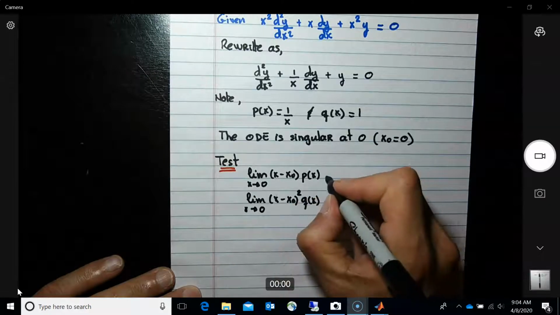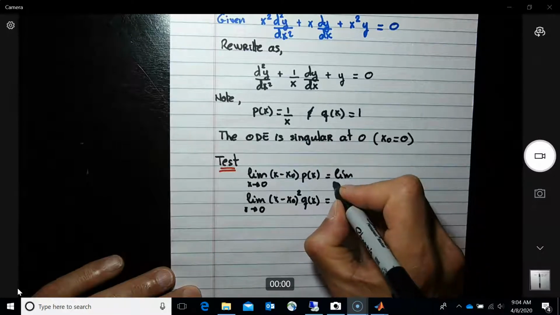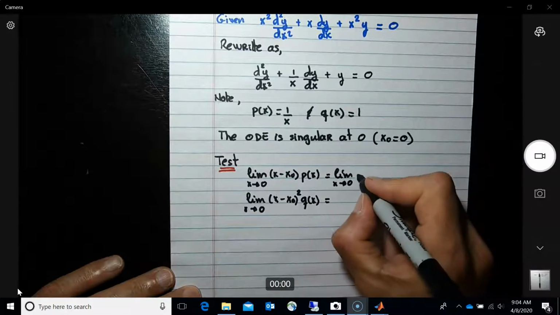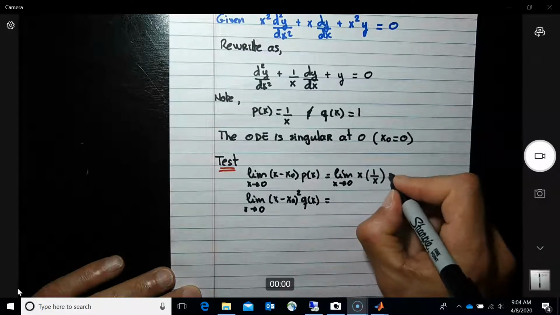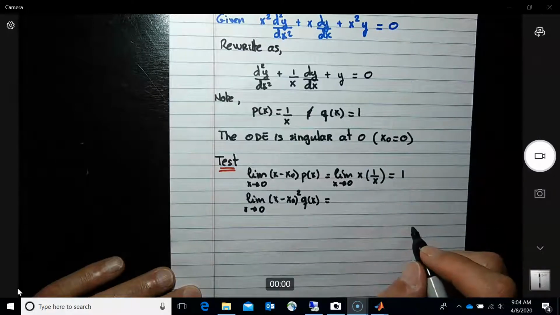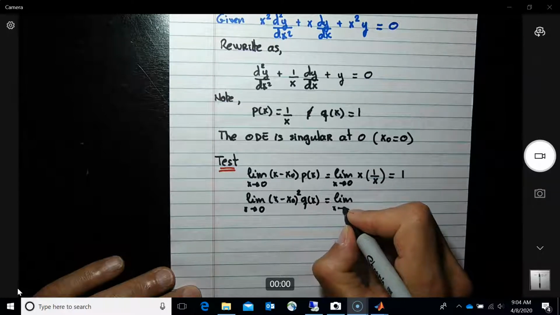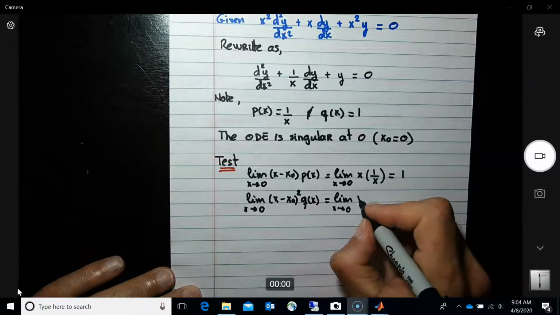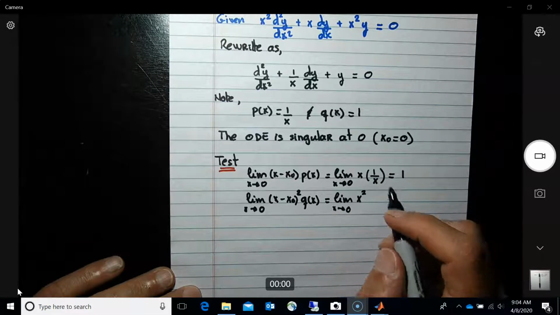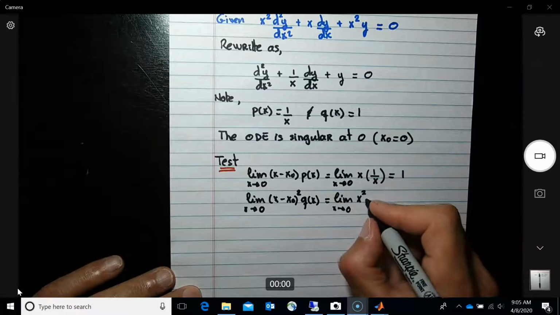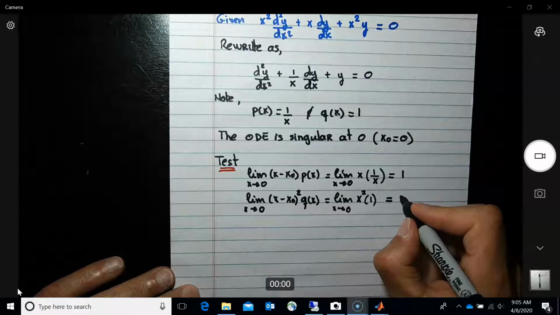So the first is the limit as x goes to 0 of x times p of x, and p of x is 1 over x, so the limit will be 1. And the limit as x goes to 0 of x squared times q of x, with q equal to 0, will give you a limit of 0.